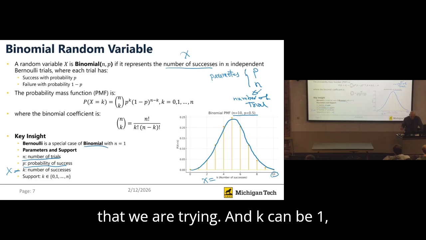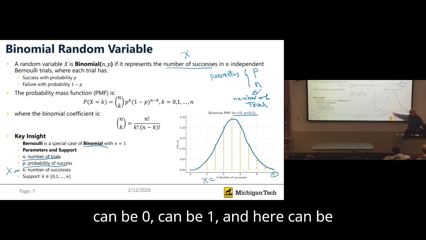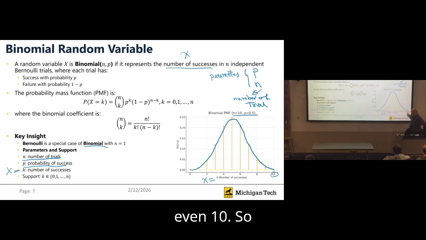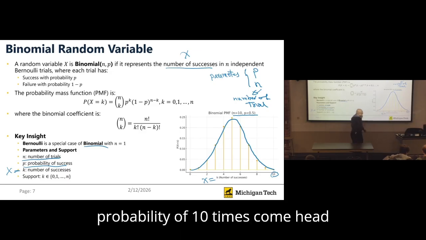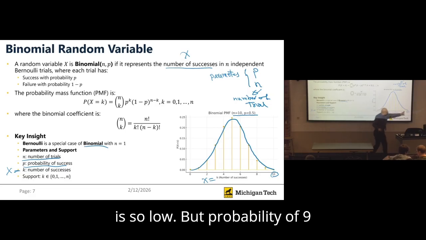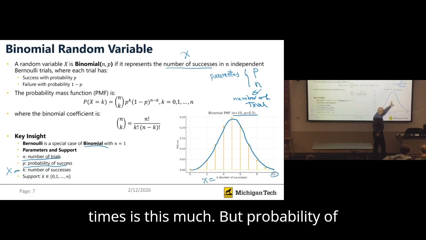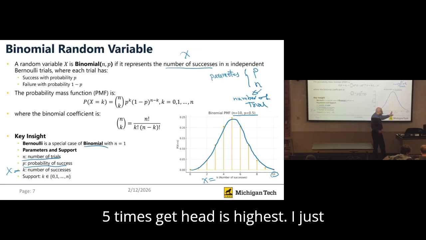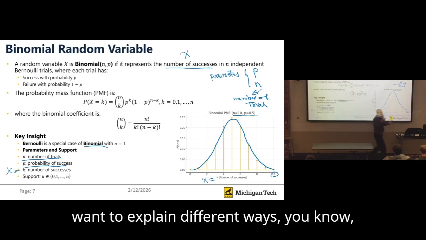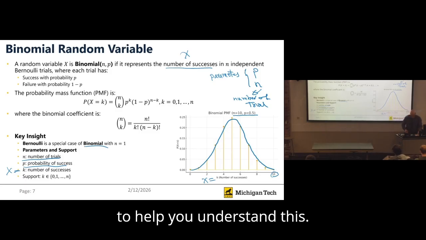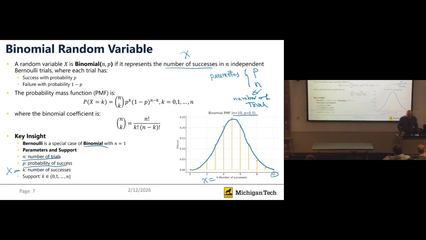And k can be 0, can be 1, and here can be even 10. So the probability of 10 times head is so low. But the probability of 9 times is this much. But the probability of 5 times getting head is highest. I just want to explain in different ways to help you understand this.